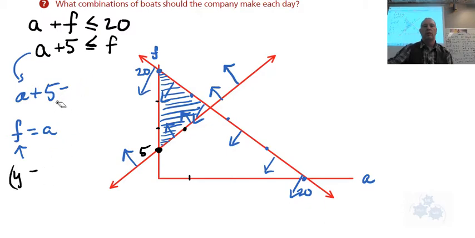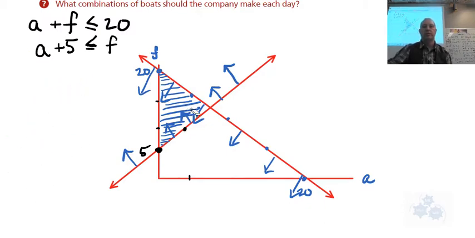So what number do you think is going to go in here? What's a number that's going to go in here? Well, if you had graph paper and you drew things a little bit more exact than I did, then you would be able to see, well, we could make 5 aluminum boats, and then we could probably make 15 of the fiberglass boats. Would that work? 5 and 15 is equal to 20.